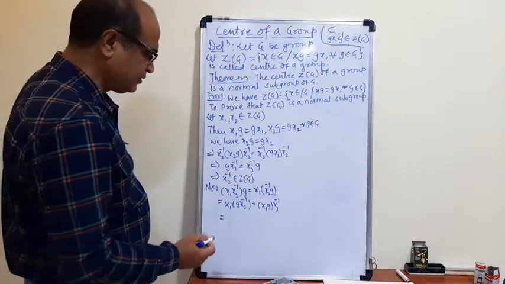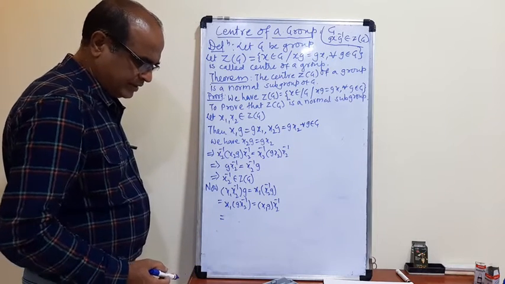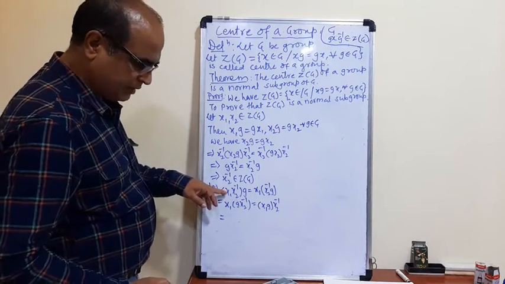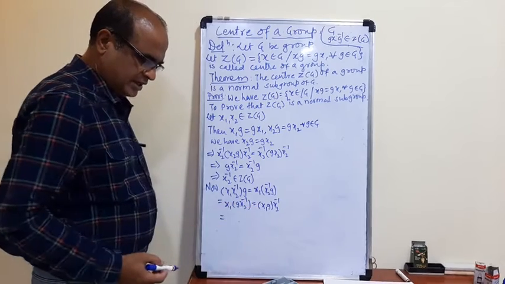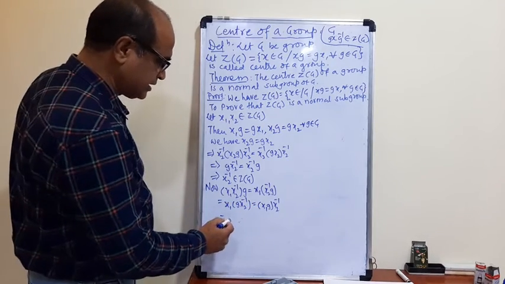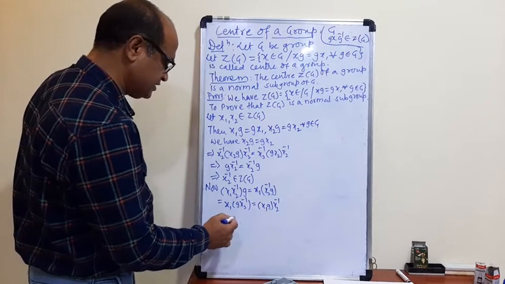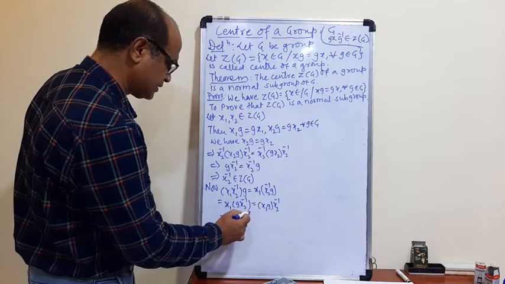So this implies x1 x2 inverse into g can be written as x1 g into x2 inverse, which is g x1 into x2 inverse.